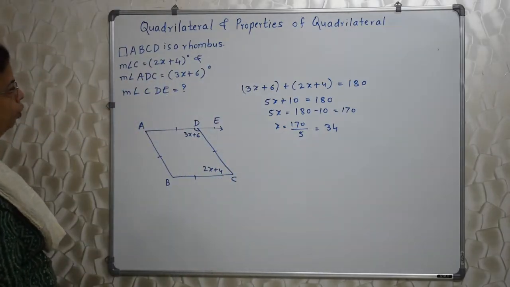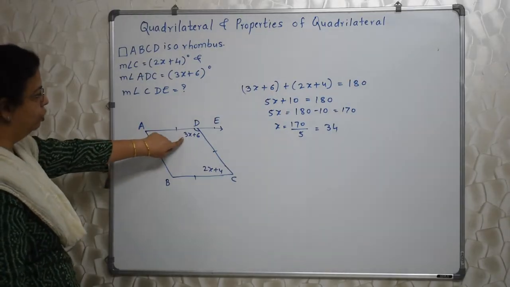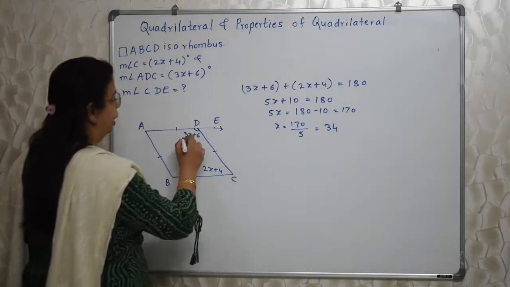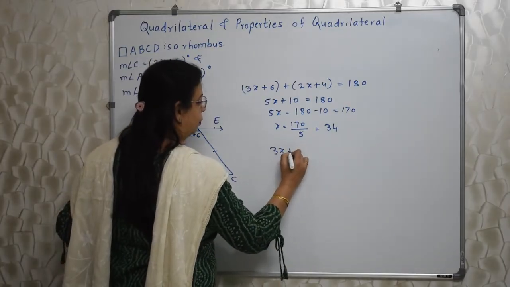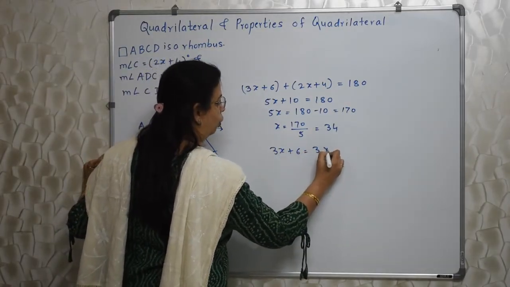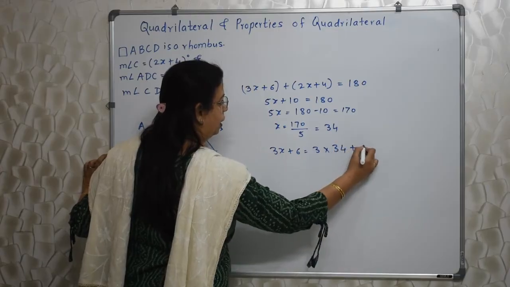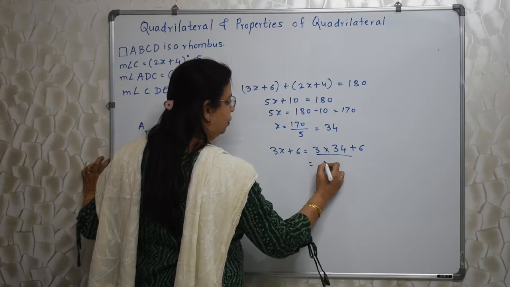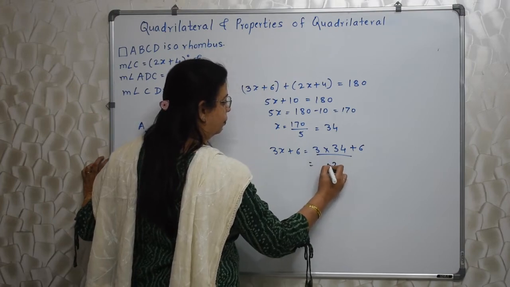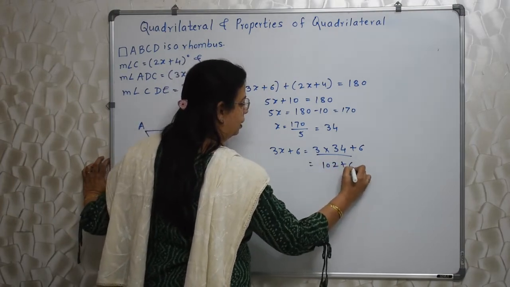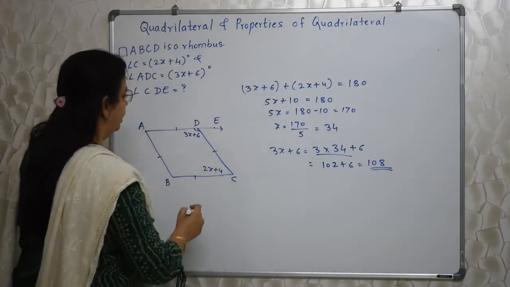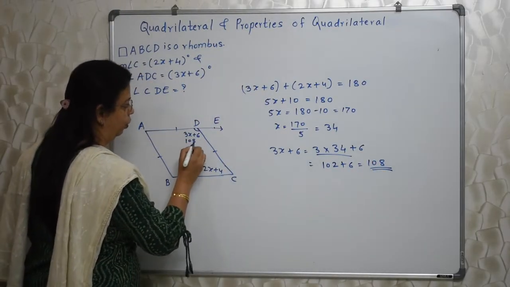Okay, once you know this, we can find out this also, right? Now 3x plus 6, 3 into x is 34 plus 6, as per BODMAS you are supposed to do the multiplication first. So it is 102 plus 6, 108. This is 108.